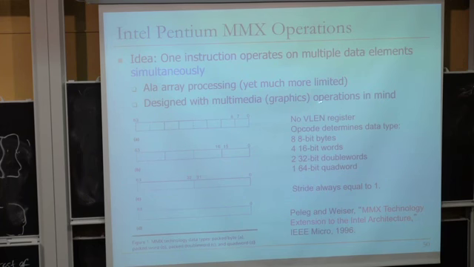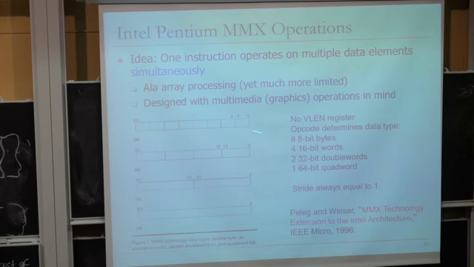Because you don't have a vector length register, and your opcode determines your data type. The reason Intel designed this was because they figured out multimedia operations are very common in the code being executed on their processor. So if they speed these up with something the programmer can use easily, they can get significant benefit.